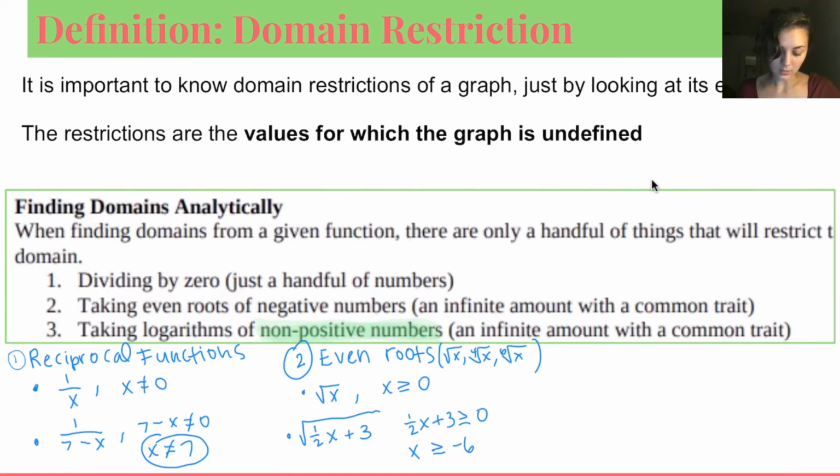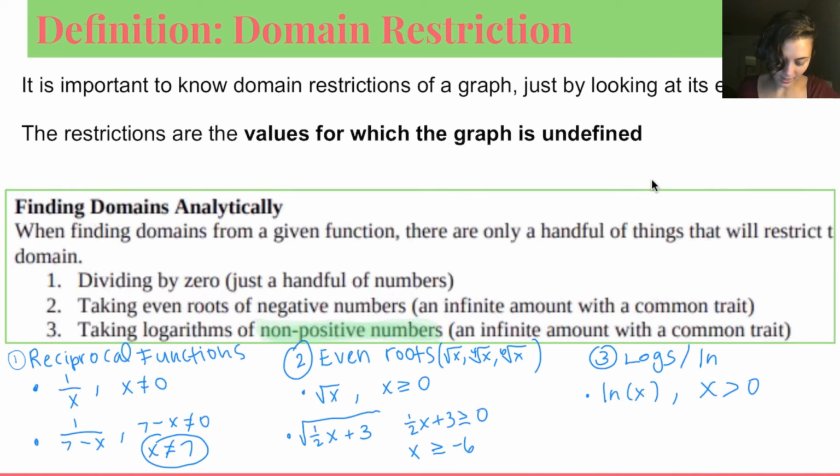That means this affects my logs, obviously, and my natural log, my ln. So if I have ln of x, or any log of x, that x has to be greater than 0. It cannot equal 0, it just has to be bigger than 0.